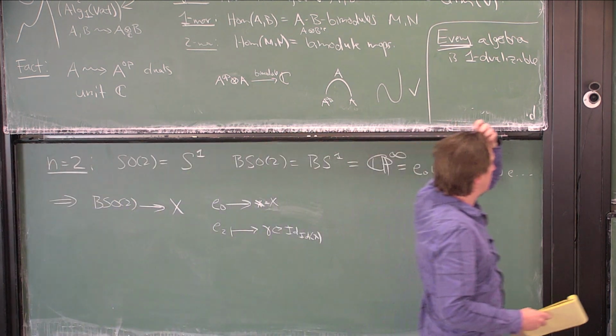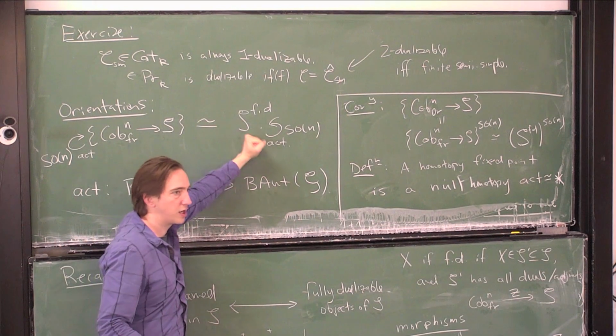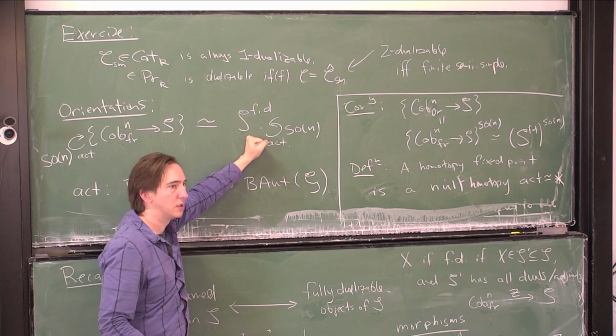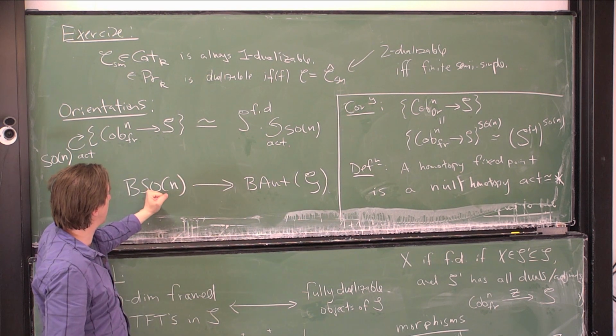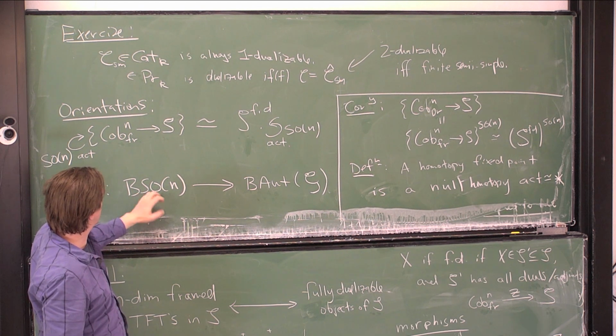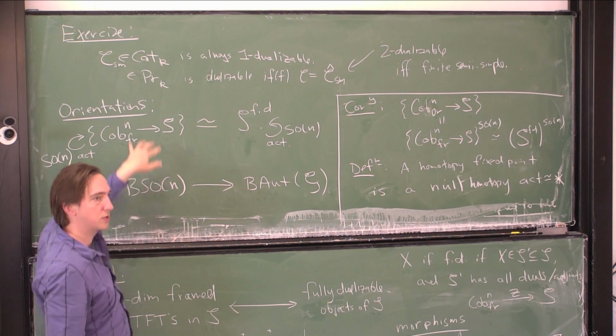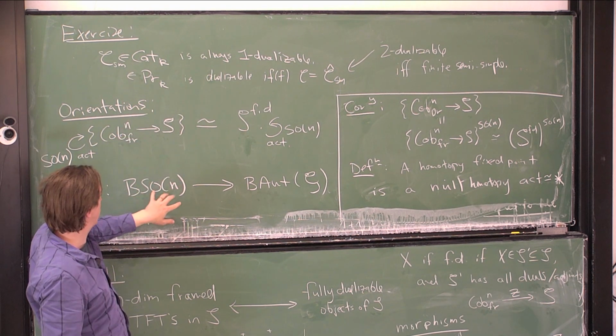Yeah, right, thank you. So you see, to give the data of the fixed point, so to give the frame structure, I've already said where my object goes, and now I'm trying to ask whether I can elevate that framed TFT to an oriented TFT.